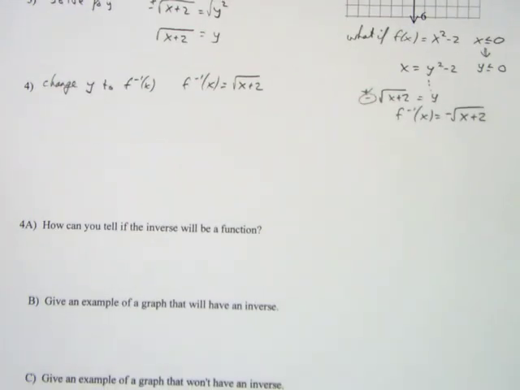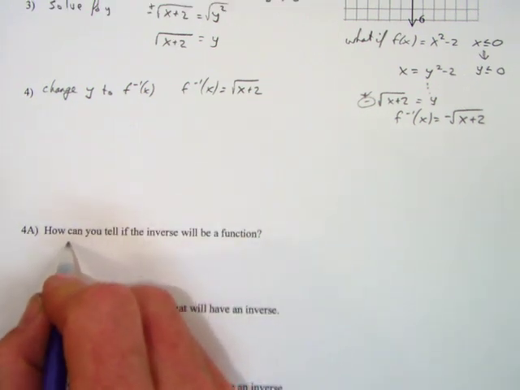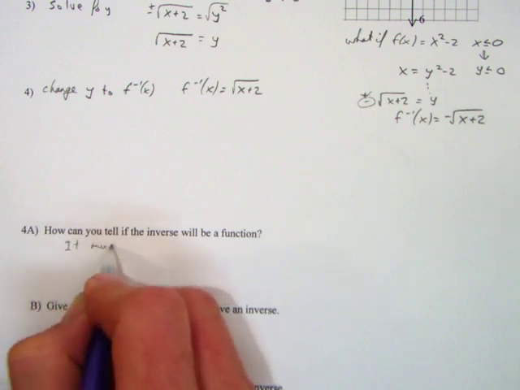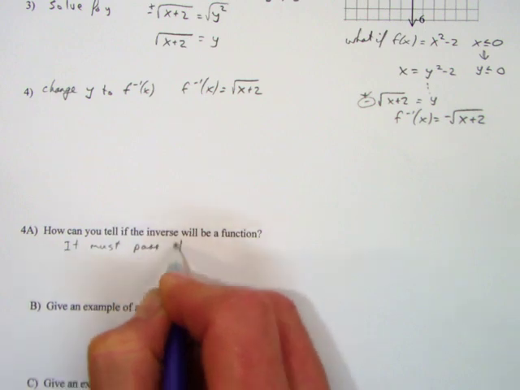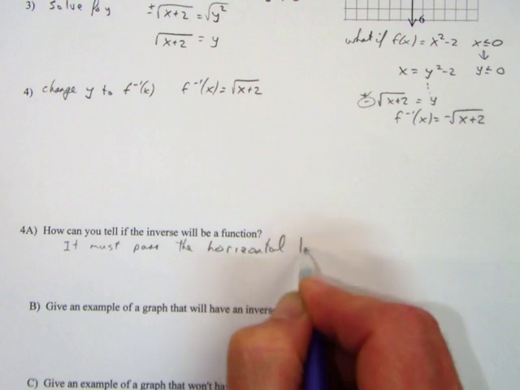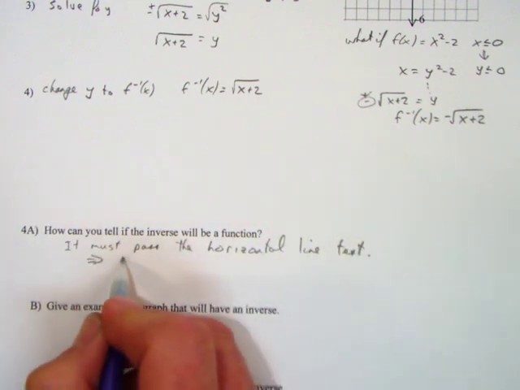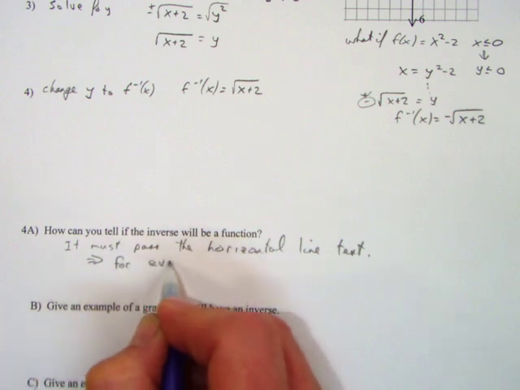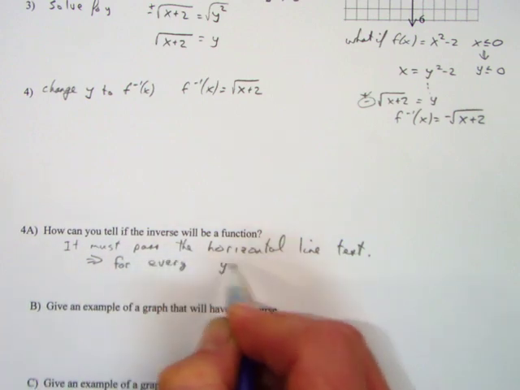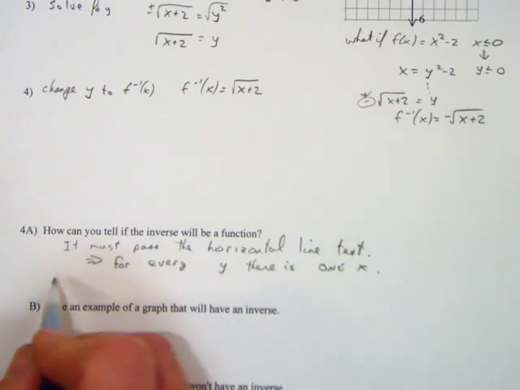So how can you tell if it's going to be a function? There's a couple ways you will see described. You can say it must pass the horizontal line test. In other words, the horizontal line test is saying for every y, there is one x.